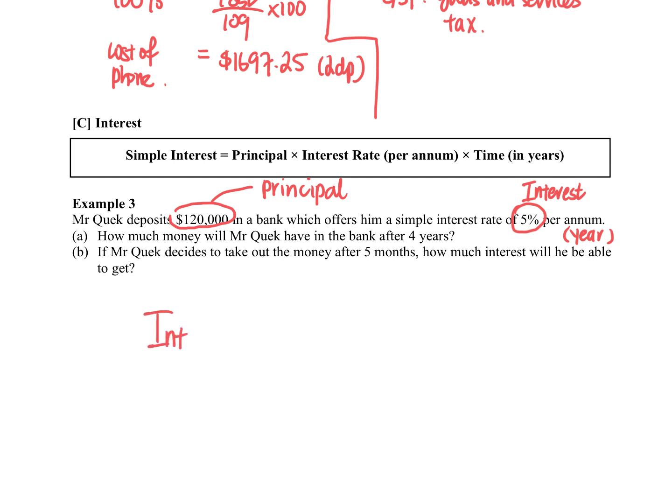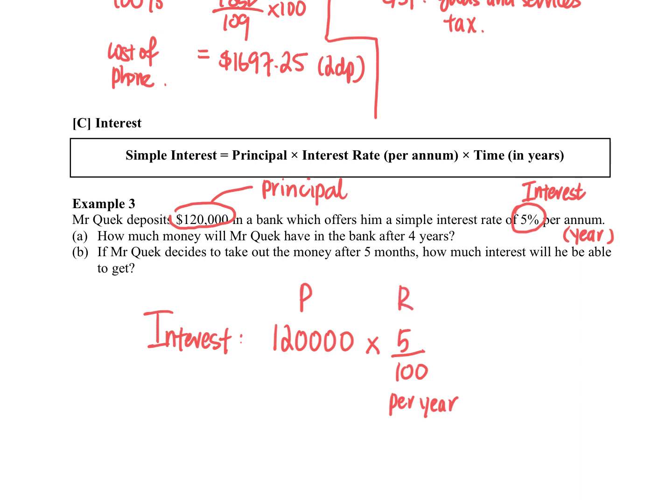So you ask yourself, how much interest can you earn? Every year you put in this amount, and they give you 5% every year. So this is per year. They give you 5% of what you put in. So this is your interest rate.